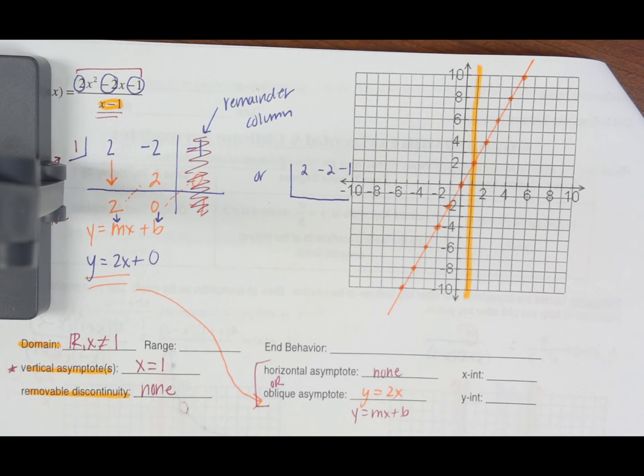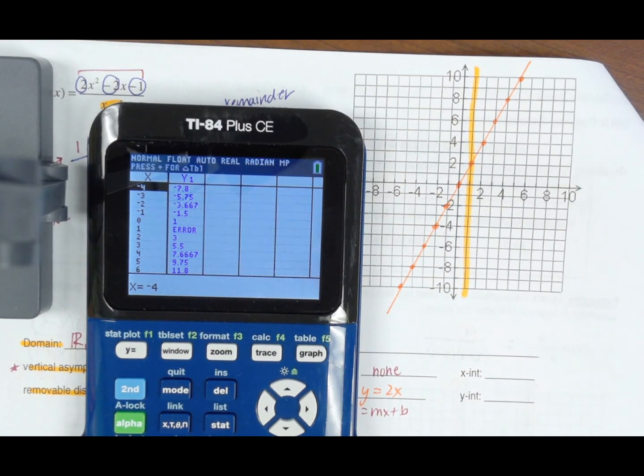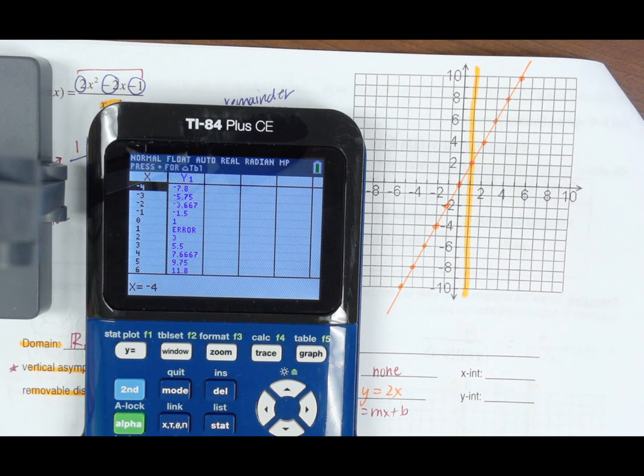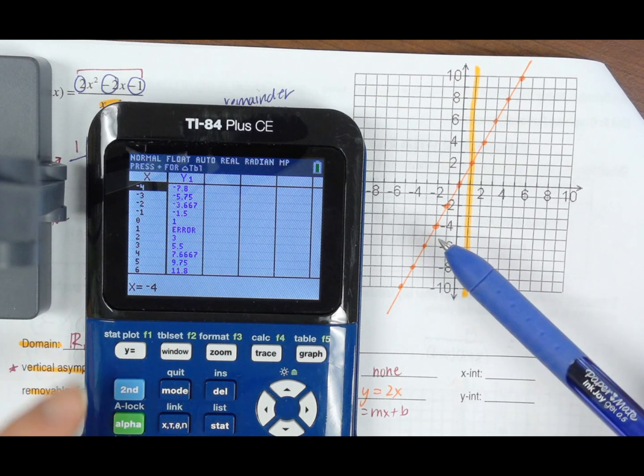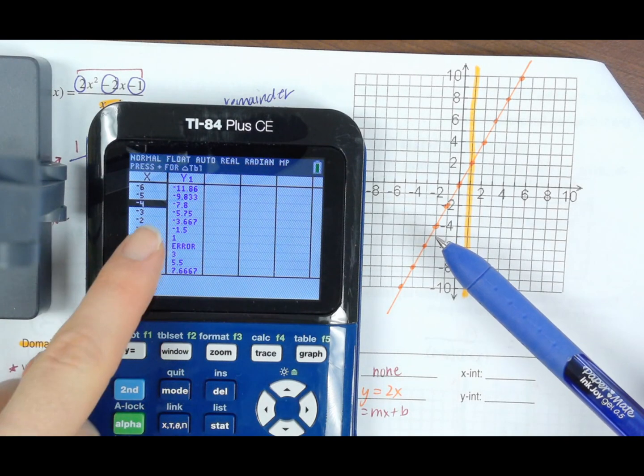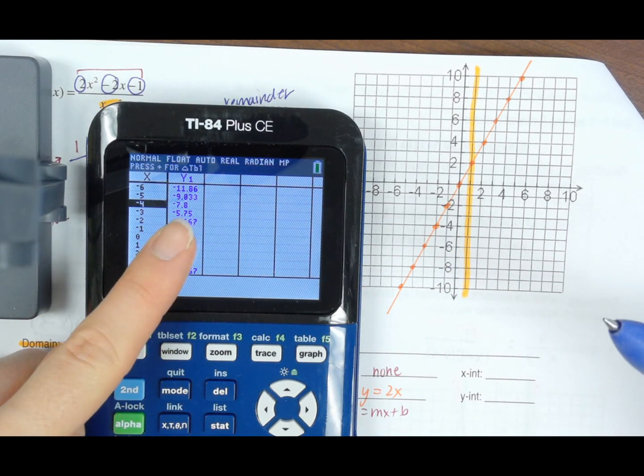And then to get points to put the rest of the graph on, I'm just going to go into the table and pick out ones that are nice or nice enough. For these graphs, I try to get something that's going to plot back here, like on the left side. So I would try to get a point that's going to fit down here somewhere. So, I don't know, -4, -7.8, it's not terrible.